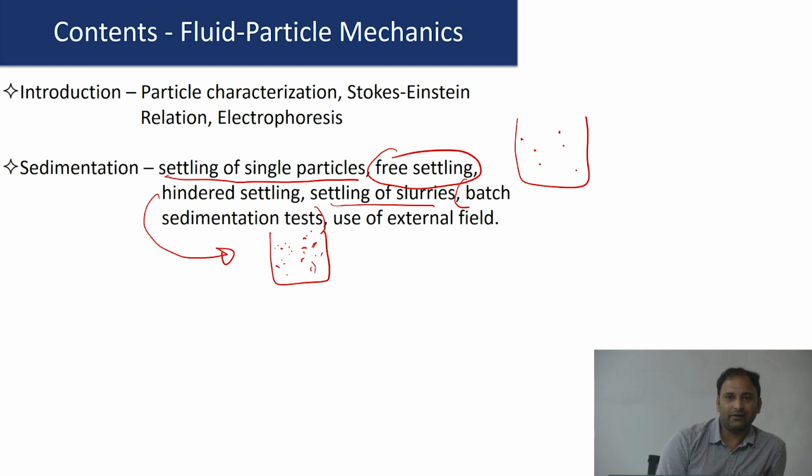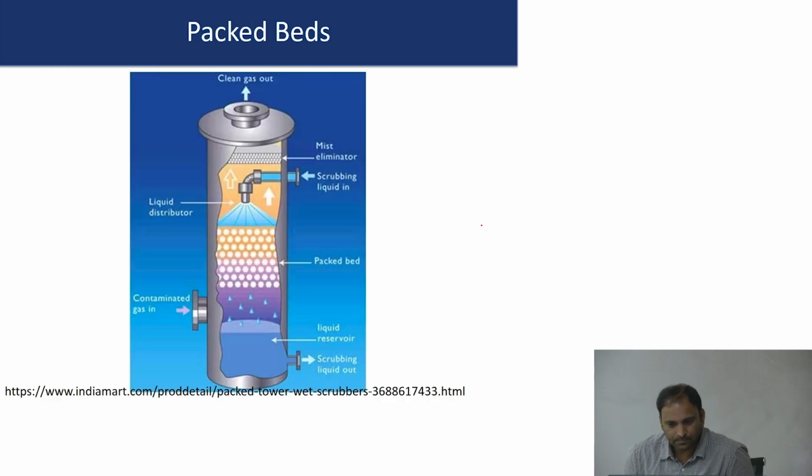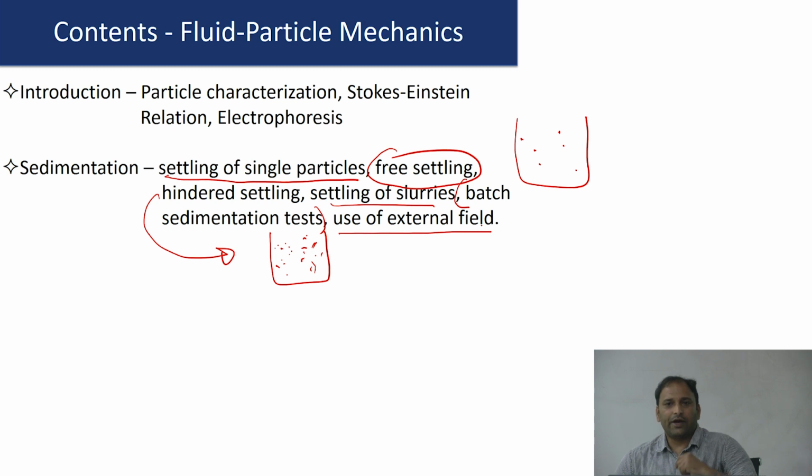Indeed, you have an experiment in the next semester where you're going to do a batch sedimentation test to look at the sedimentation behavior of slurries. We'll also talk about some aspects of using external fields.